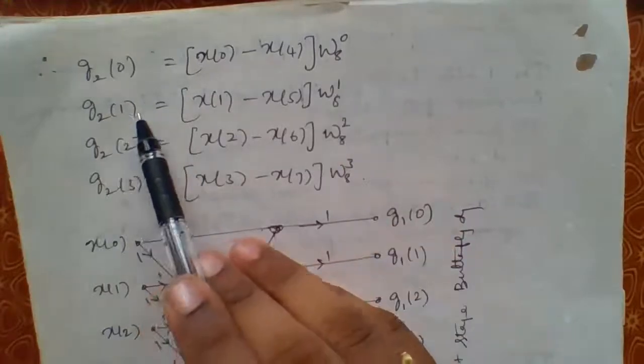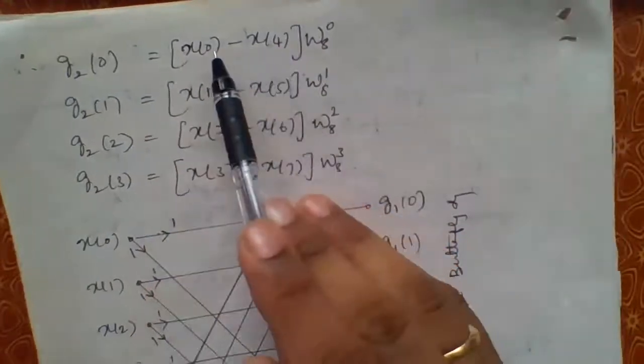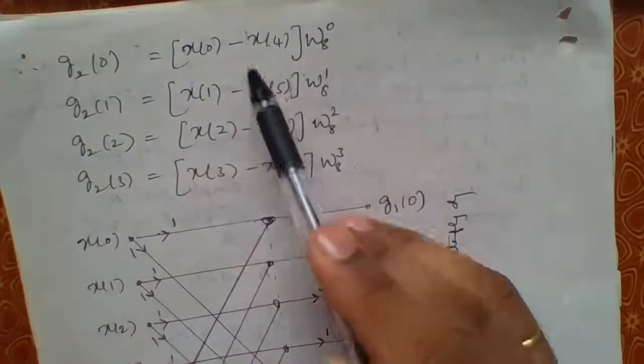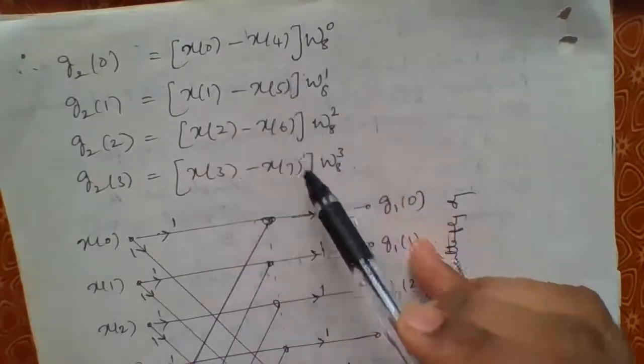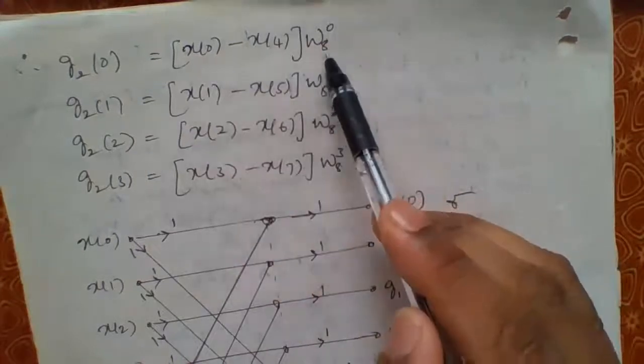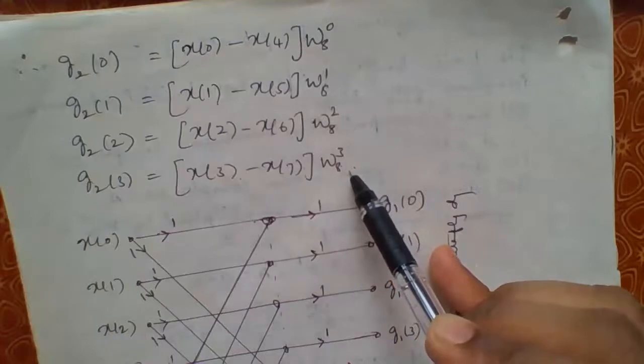Similarly for G2 of 1, 2 and 3, it is 0 and 4, 1 and 5, 2 and 6, 3 and 7. The differences between these samples are all multiplied by the corresponding twiddle factors. One thing you should observe is that the suffix is 8 here in the first stage.